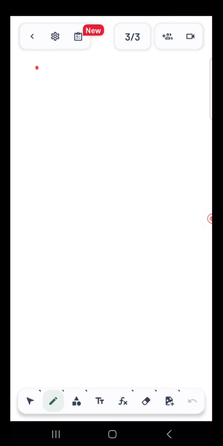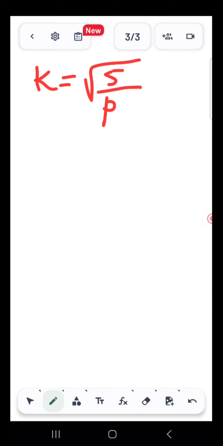So we have the equation k is equal to the square root of 5 over p plus 2, plus p over 3. Okay, so what does the question say?